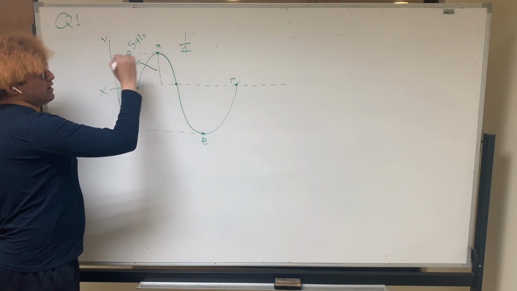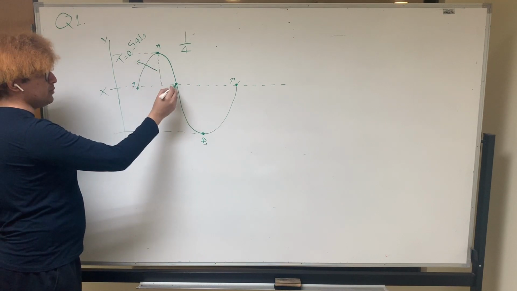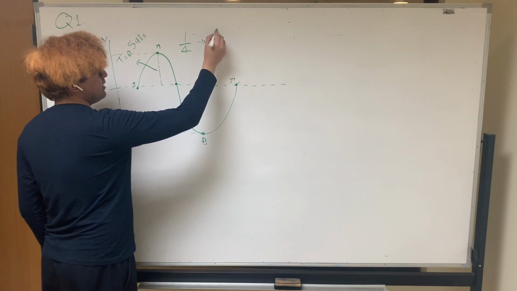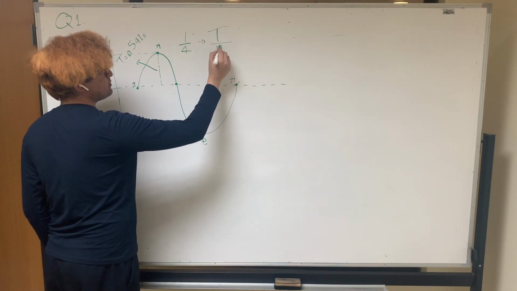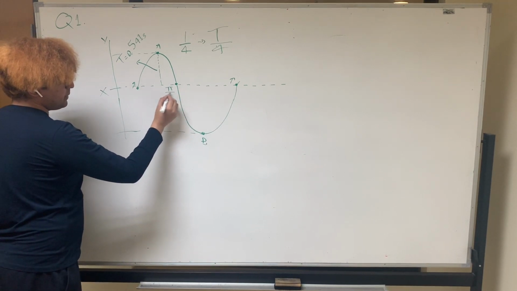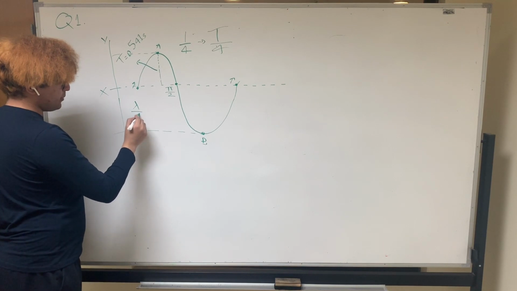Because if you're doing a fourth of the wave during the displacement from maximum to zero, then that means you're doing the period over 4. And this is also equivalent to 2 pi over 4, and it's also equivalent to lambda over 4.